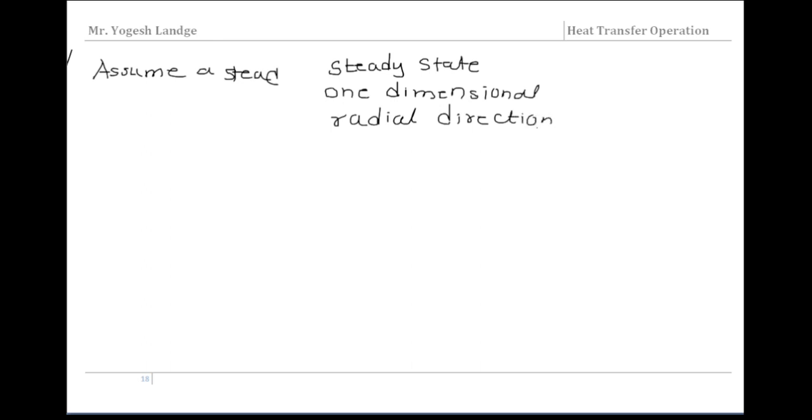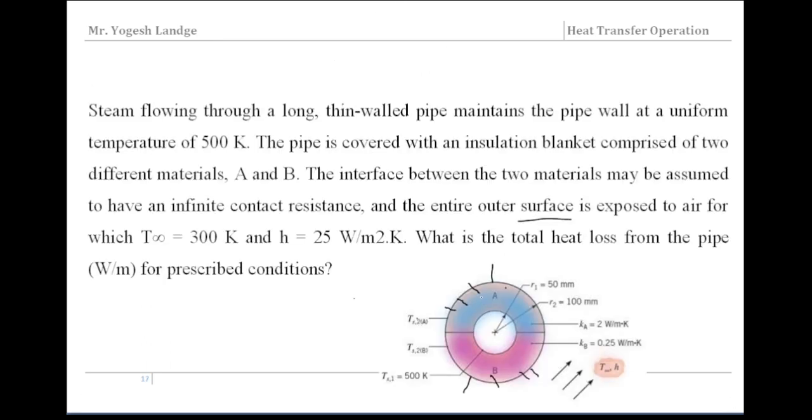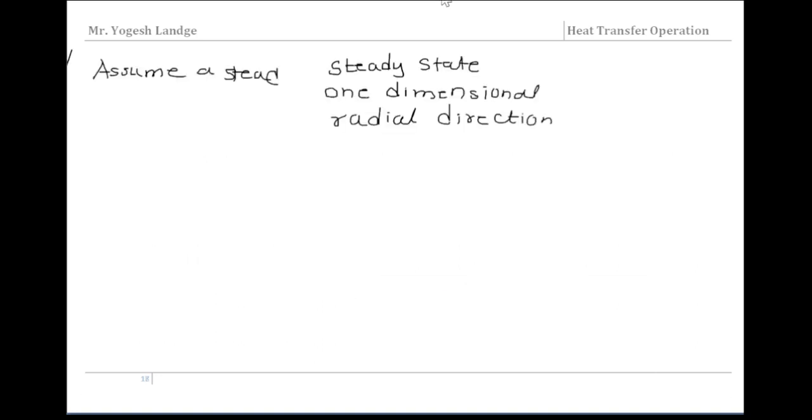Now we start this numerical. As we have two different layers here, insulation A and insulation B, first we make a thermal circuit. So just draw a thermal circuit first. From the diagram we can draw it.